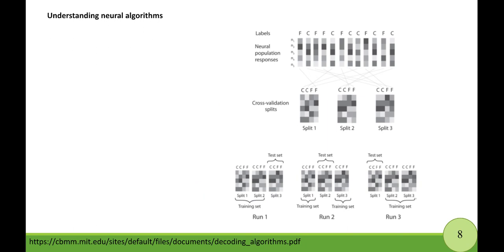And in each split, we train on two of these and test on the remaining data. And we train this neural activity to correctly predict what was the stimulus that has been shown.